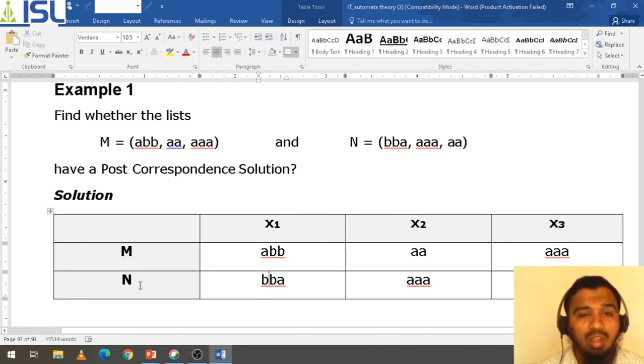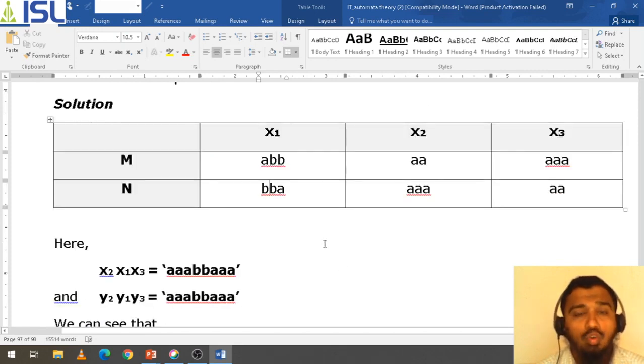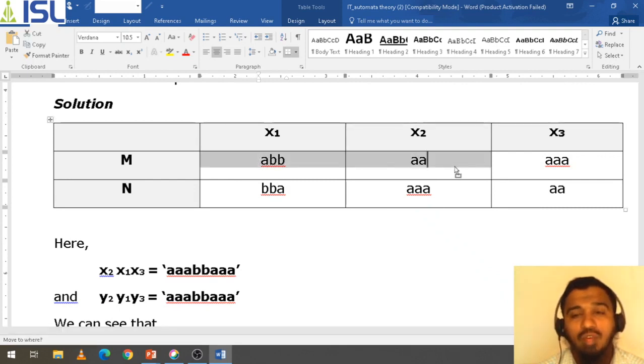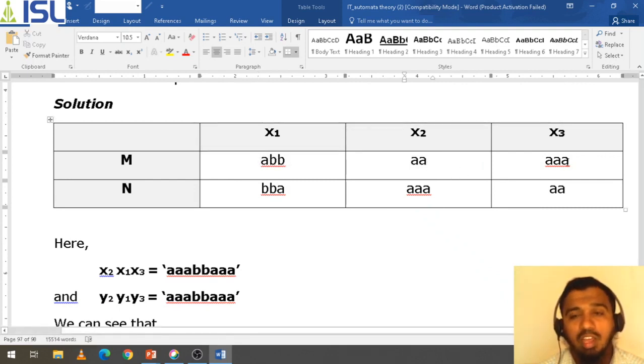In the same way, N is BBA, AAA, AA. For the condition, you must have the same equal number of symbols in M and N. For example, how many are there? 3, 4, 5, 6, 7, 8. 8 symbols are there. In the N also we must have 8 symbols.